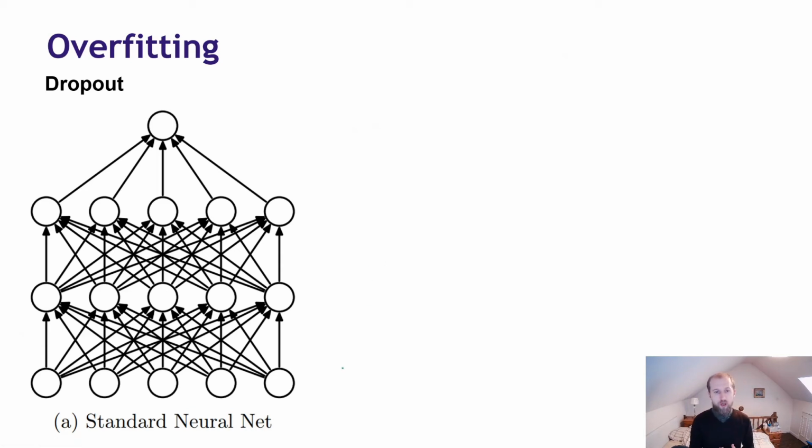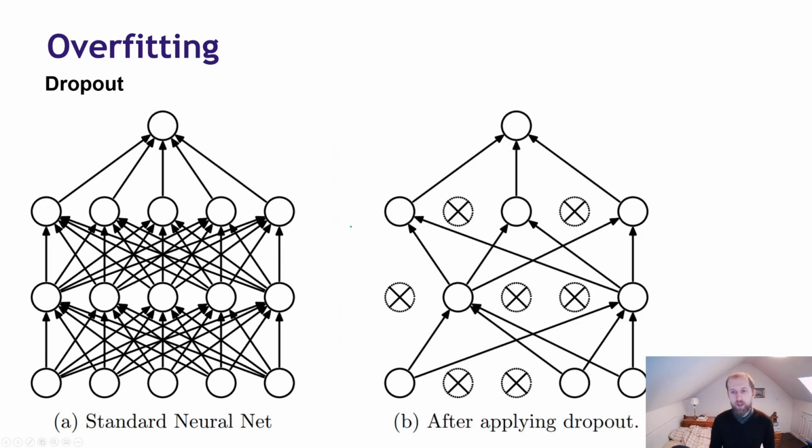Every time we take a mini batch and we go through the network, we are going to delete some proportion of these nodes. So that's going to look something like this. Notice here that we delete the nodes and we delete all of the edges going towards those nodes. You've got to remember that this is only for one iteration.